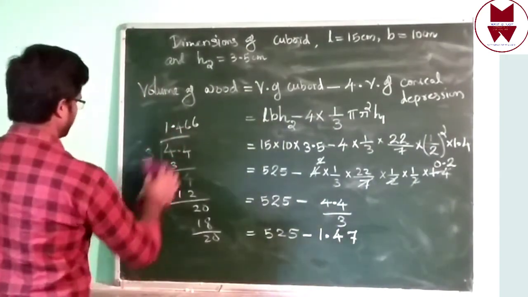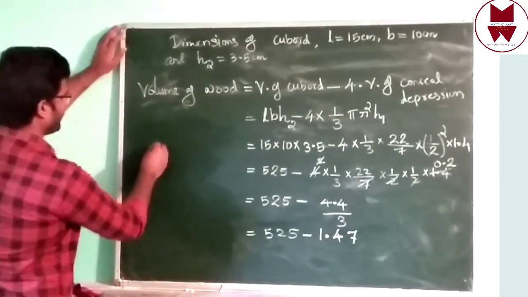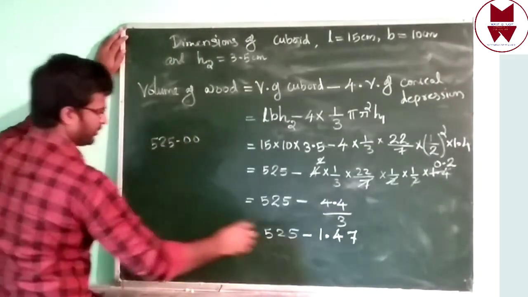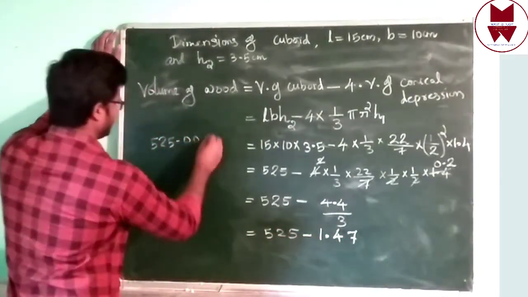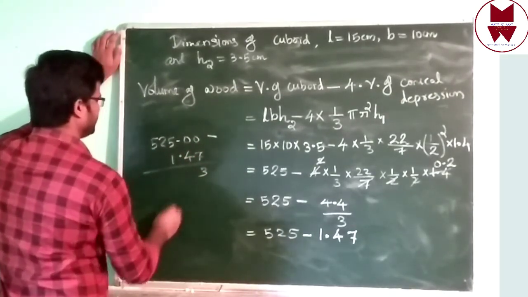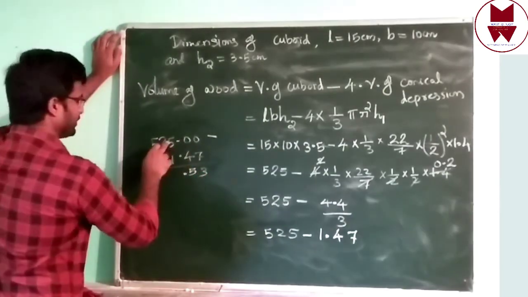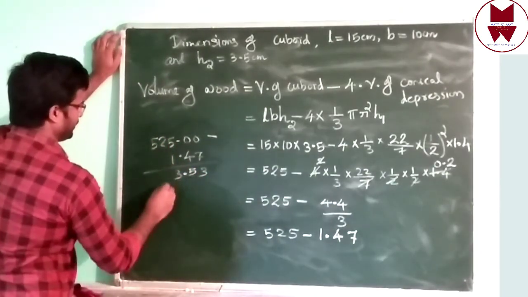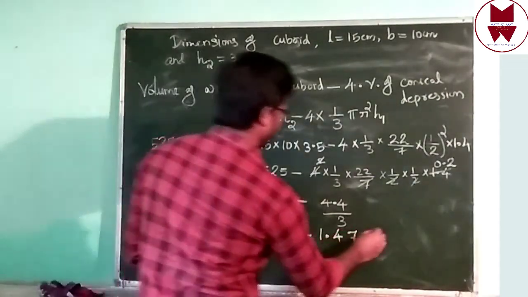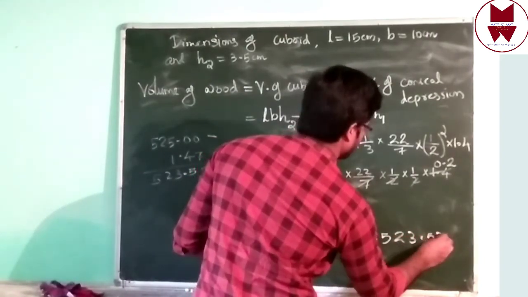Then subtract 525 minus 1.47. We'll get 523.53.